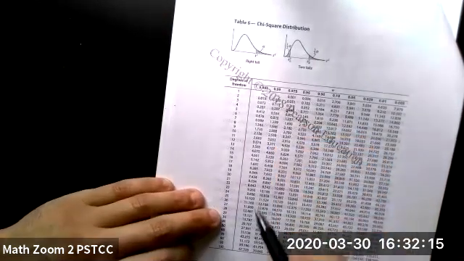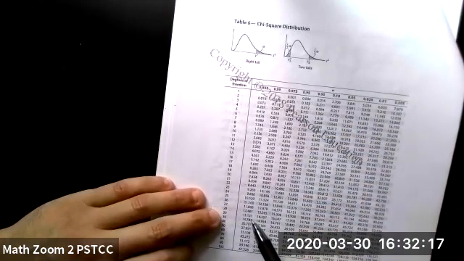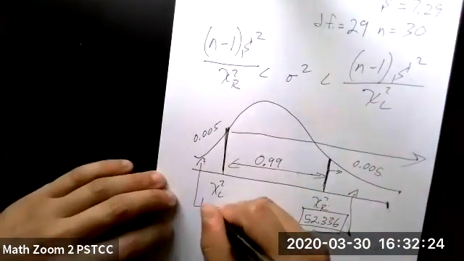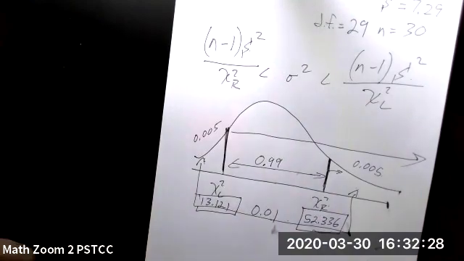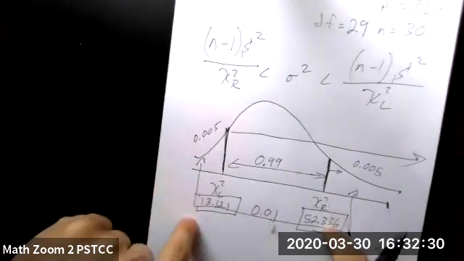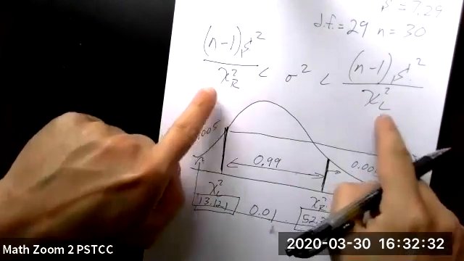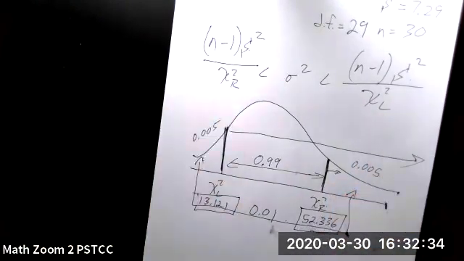Again, go down to 29. The chi-squared critical value is 13.121. And now that we have those two numbers, we can substitute into this formula.